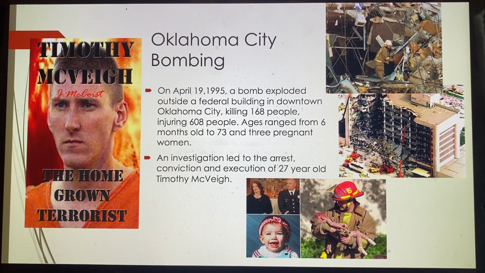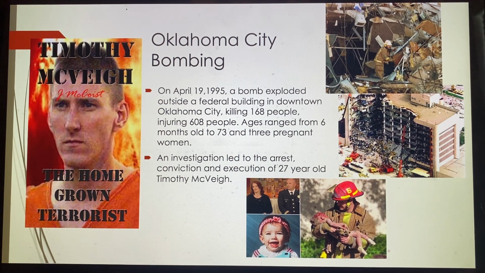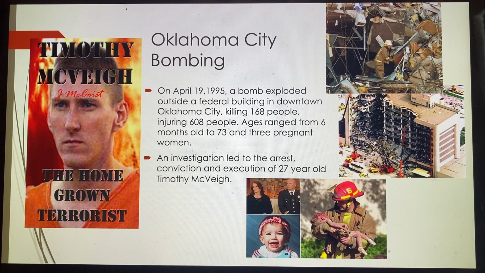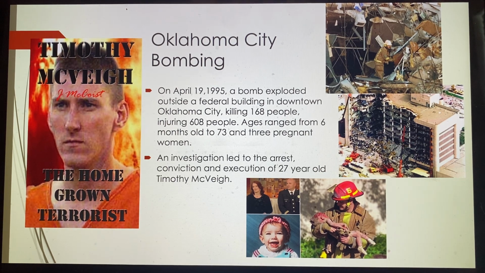The ages ranged from 6 months old to 73 years old, and 3 pregnant women. When you think of that, there was a little daycare in there, and a lot of children were killed during this bombing.